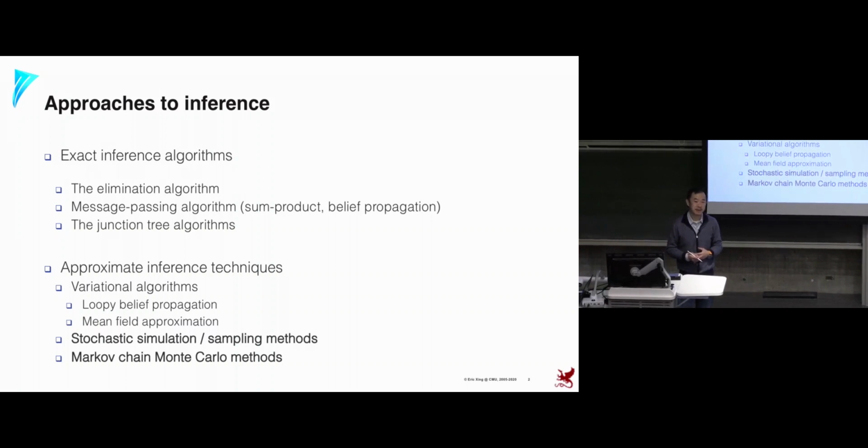Can anybody remind us what is essentially the key idea in mean field and in loopy BP? If you get an elevator pitch with 10 seconds, maybe 5 seconds, what's the key thing in mean field?